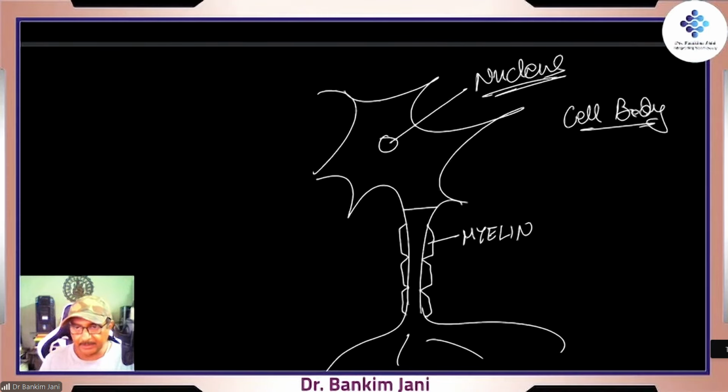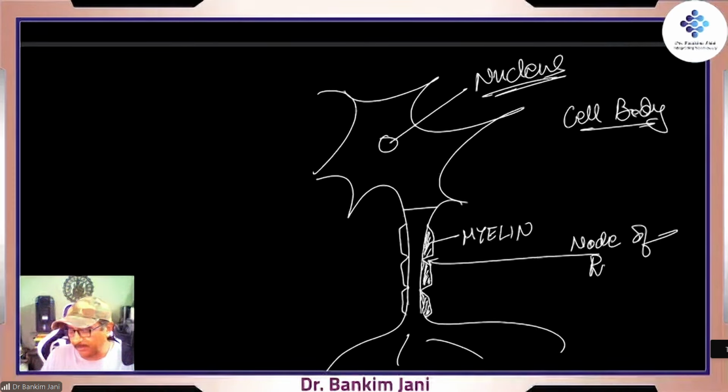In between, it is not a continuous sheath. It comes and goes like this, and the space in between is called the node of Ranvier.